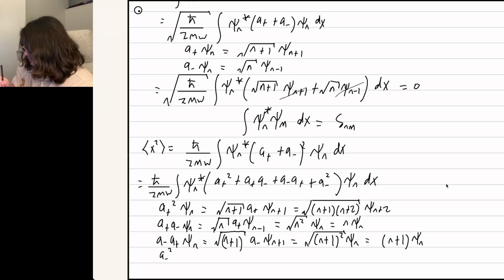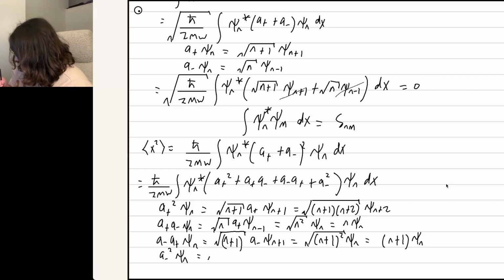Finally, a minus squared on psi n is root n on a minus on psi n minus 1, which is going to be n times n minus 1 times psi n minus 2.